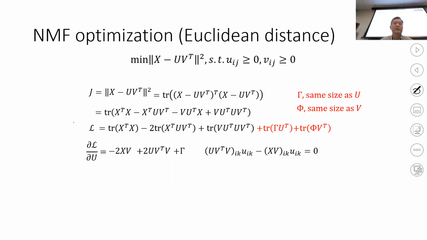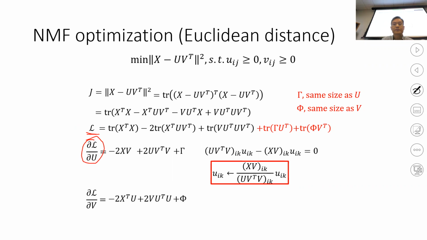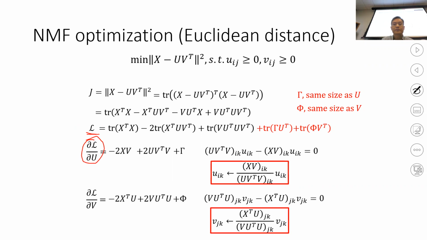You have to look at the change of this loss function. So here is the loss function and the values, and then you have to set this equal to 0 to find the solution of the updated rule to give you the minimized loss function.